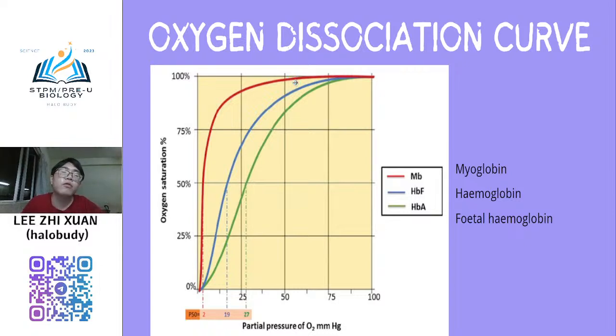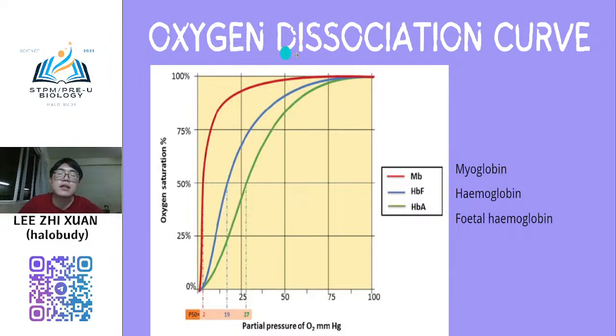Saturated means that all the hemoglobin in our blood is already fully occupied with oxygen. At that point, even if you have a higher concentration of oxygen, the hemoglobin cannot bind any more oxygen to form oxyhemoglobin, because it has already reached the saturation point.